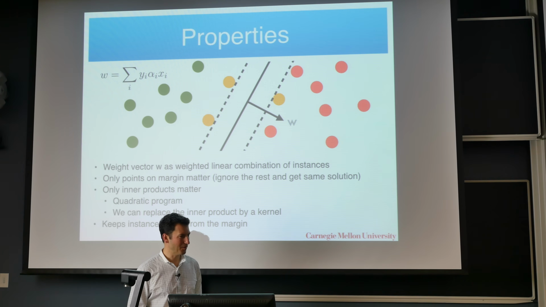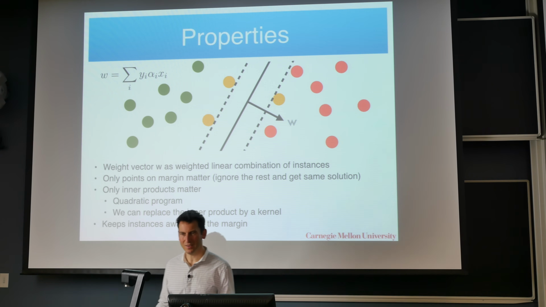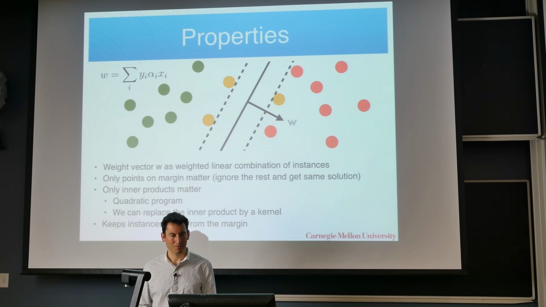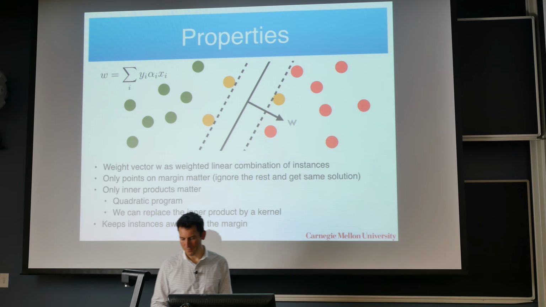So that very simple insight that I can replace xi.xj with k of xi and xj, that took Vapnik about 20 years, which is quite amazing, actually. Now, we're actually going to look at that in a bit more detail also in examples.